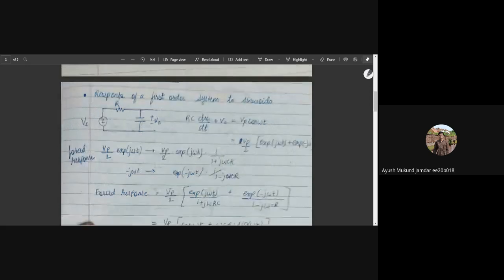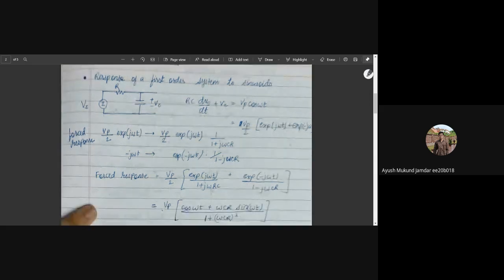So what will happen? For Vp by 2 times exponential j omega t, the forced response will be Vp by 2 times exponential j omega t times 1 by 1 plus j omega CR. This one being the transfer function part, and the other just because it was an eigenfunction.